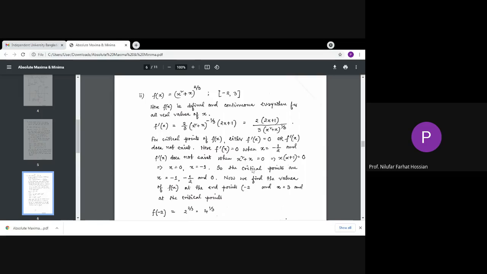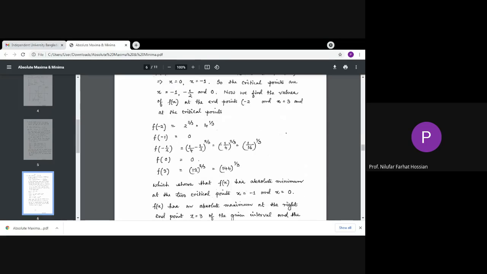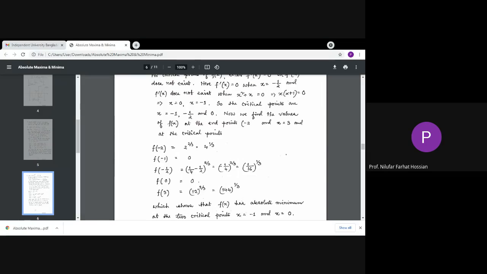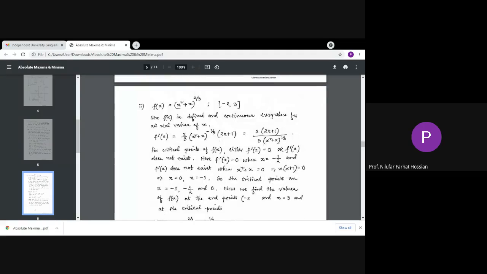So now you have to find the values of the function at the 2 endpoints and at these 3 critical points. So in total, there are 5 points. We just put down x equal to minus 2, x equal to minus 1, x equal to minus half, 0 and 3 in your original function here.